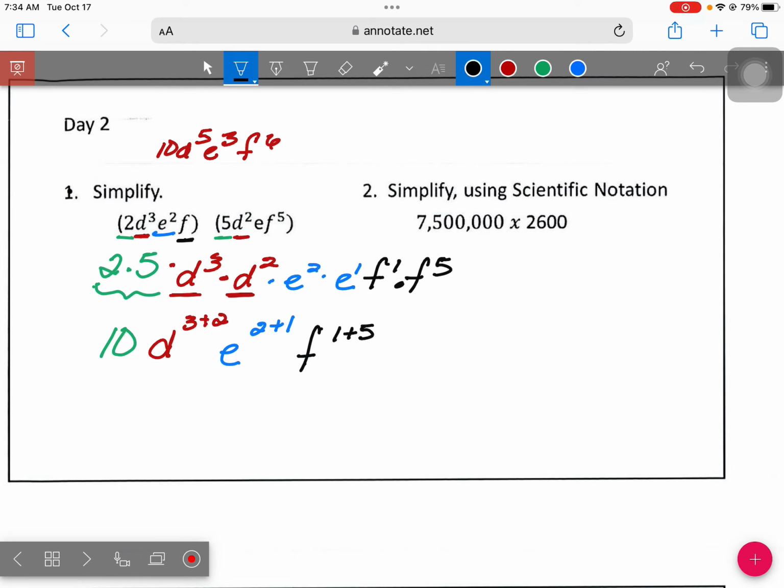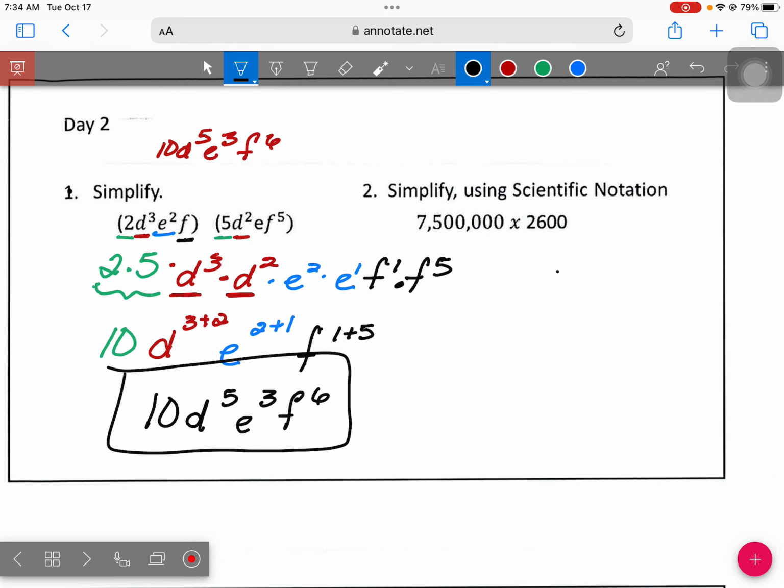And then finally, my final answer, putting this all together, is 10d to the 5th, e to the 3rd, f to the 6th. How many did have that for an answer? Yeah! Woo, the crowd goes wild. Yay! Any questions? No?